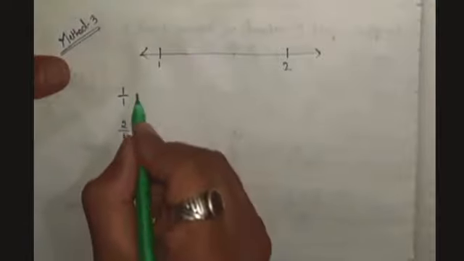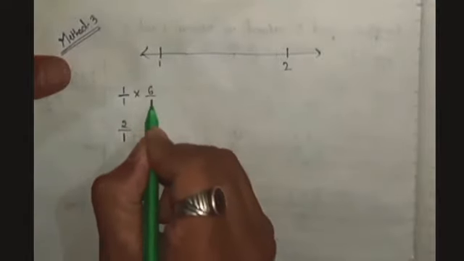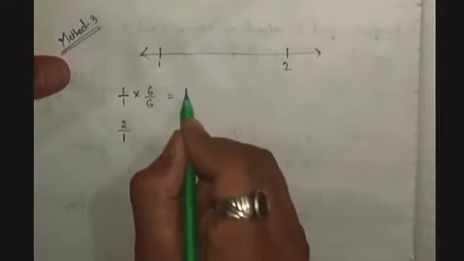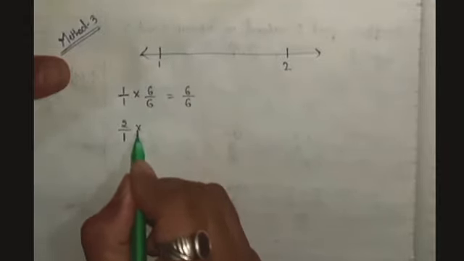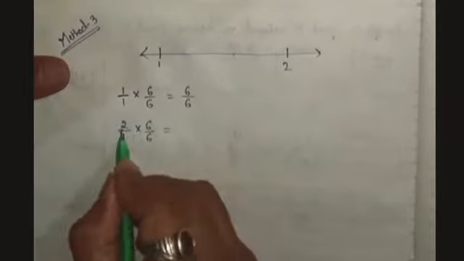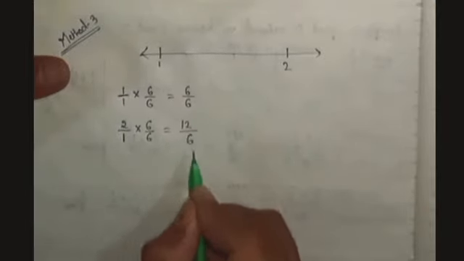Now we have to bring the denominator to such a level that we can write 5 numbers between this. So here, if I multiply both numerator and denominator by 6, I will get 6 ones are 6, here also 6 ones are 6. In the same way, if I multiply this, I will get 6 twos are 12, 6 ones are 6.